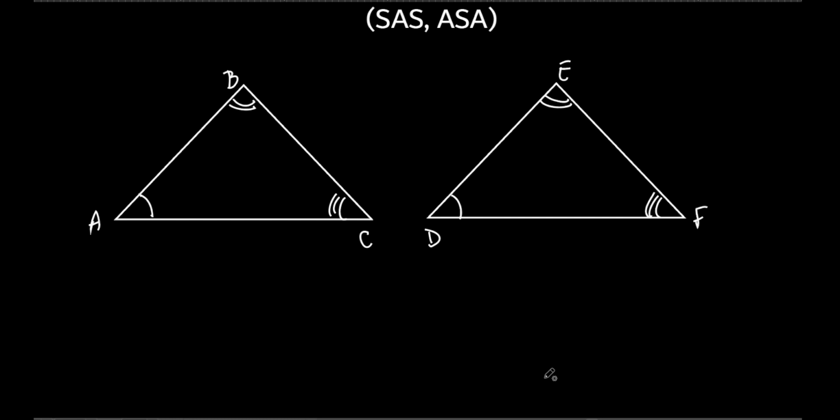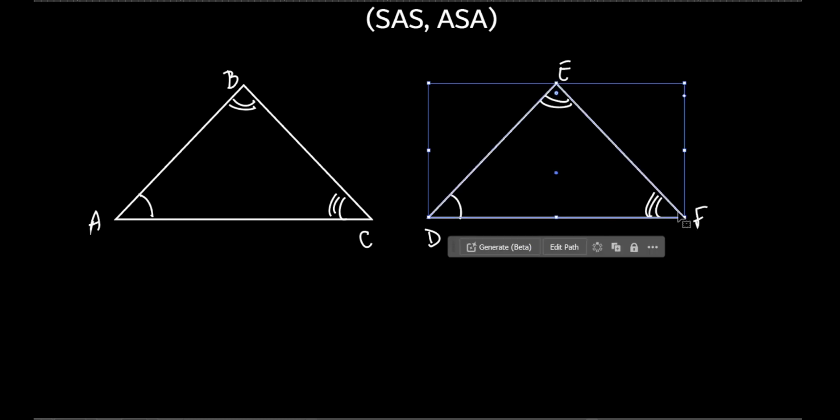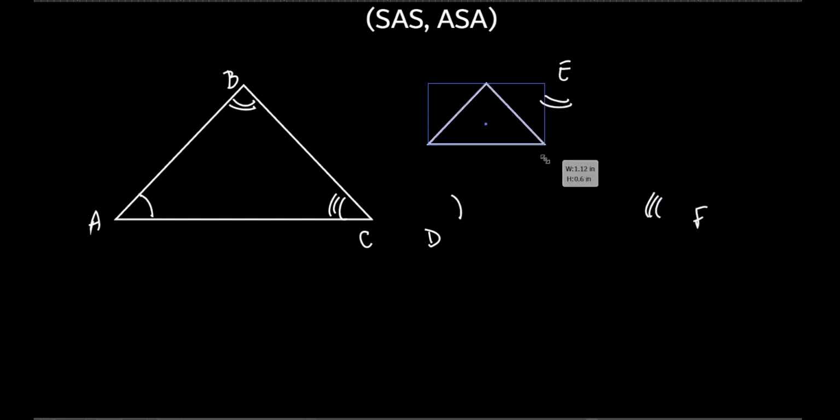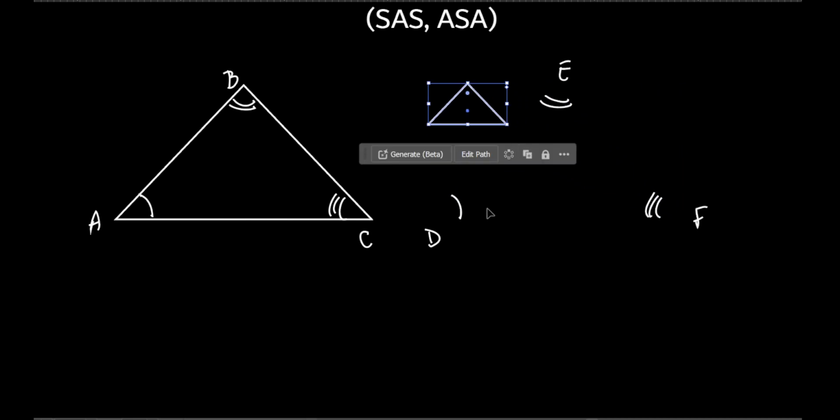I could take this triangle over here and shrink it down. In fact, let's do that. Now, you're going to have those tick marks just sitting there, but watch. If I hit the shift key, it'll keep it in proportion. Now, look. I made it smaller. Are these triangles congruent now? No. Okay. They have the same shape. What's this angle right here?